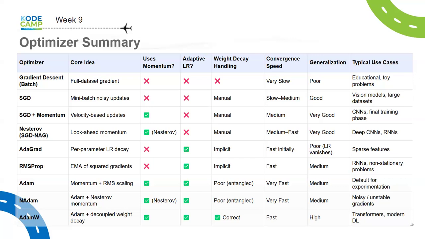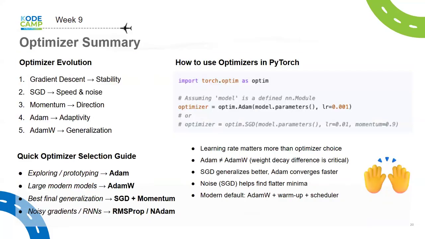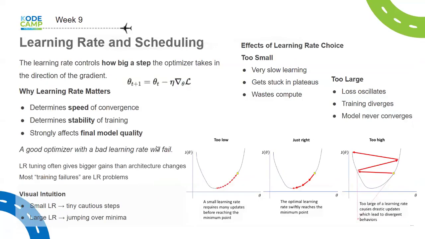And then Adagrad, which is really old, older than gradient descent, I believe, even. Yeah, so you can see that there's a lot of different optimizers. But we looked at the whole thing. It was essentially an evolution from gradient descent all the way down to Adam with weight decay, which is what is currently being used a lot. And we looked at all of the factors and everything.